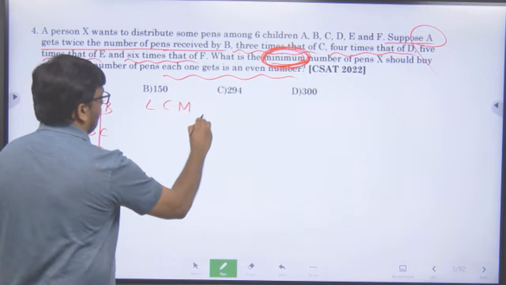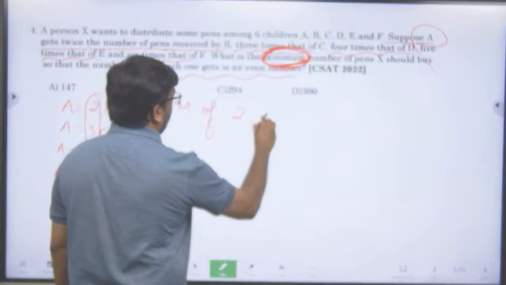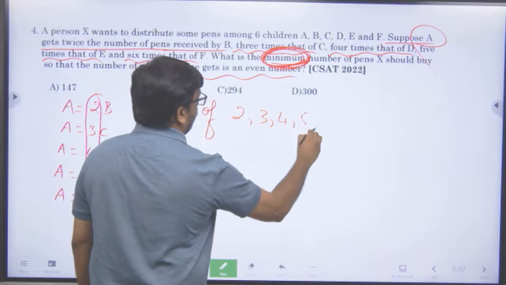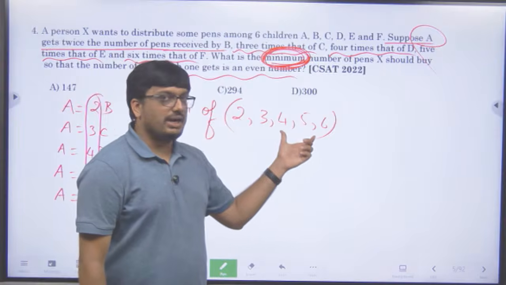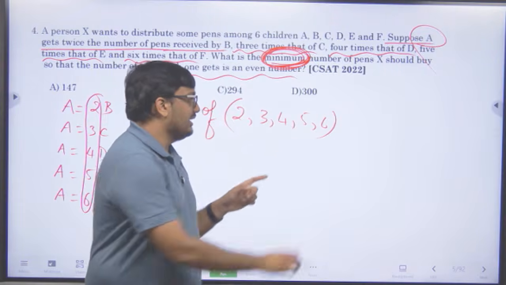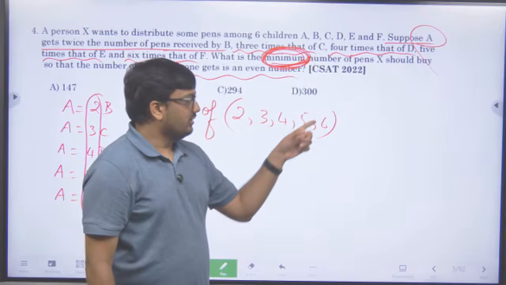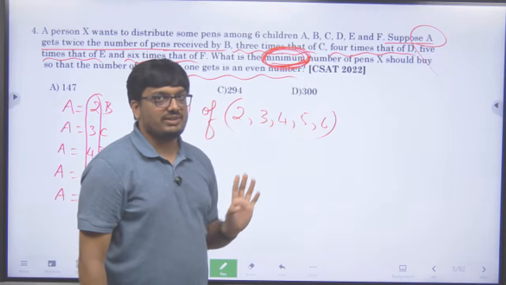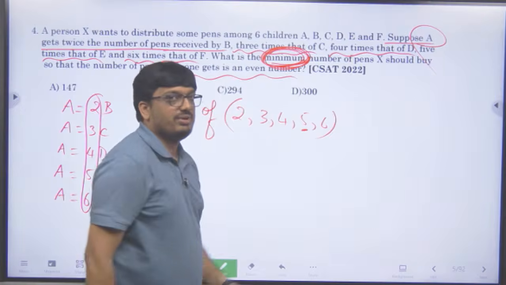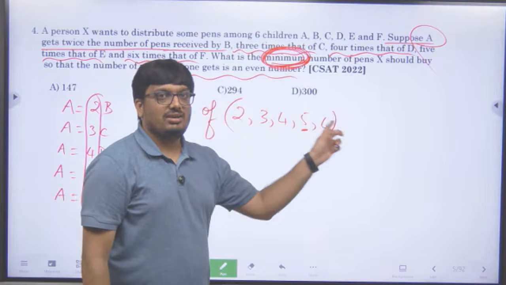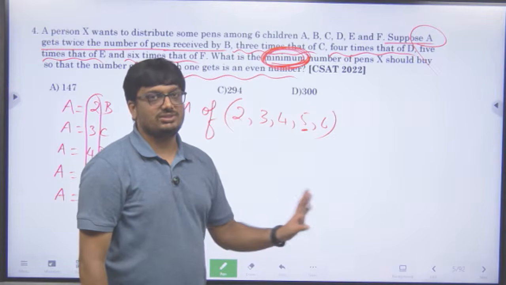LCM of 2, 3, 4, 5, 6. How to find LCM? First, identify the highest number. The highest number is 6. Check whether the other numbers are also factors of it. Once again, you see there is a number 5. What is the meaning of 5? The last digit should be 5 or 0, right?